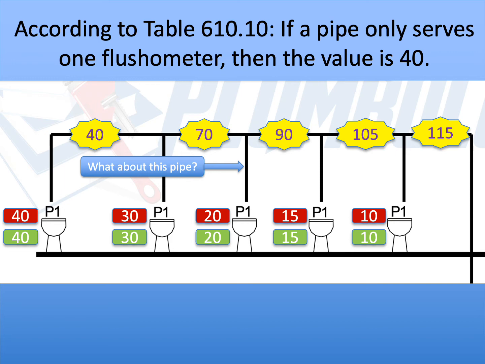Well, if we go back to table 610.10, we'll remember that it said a pipe that serves only one flushometer valve has a value of 40 fixture units.